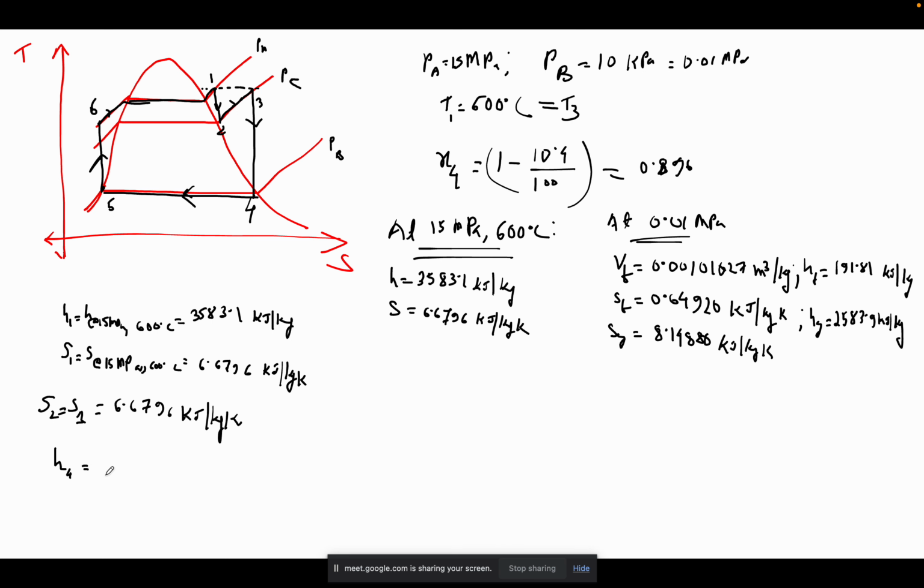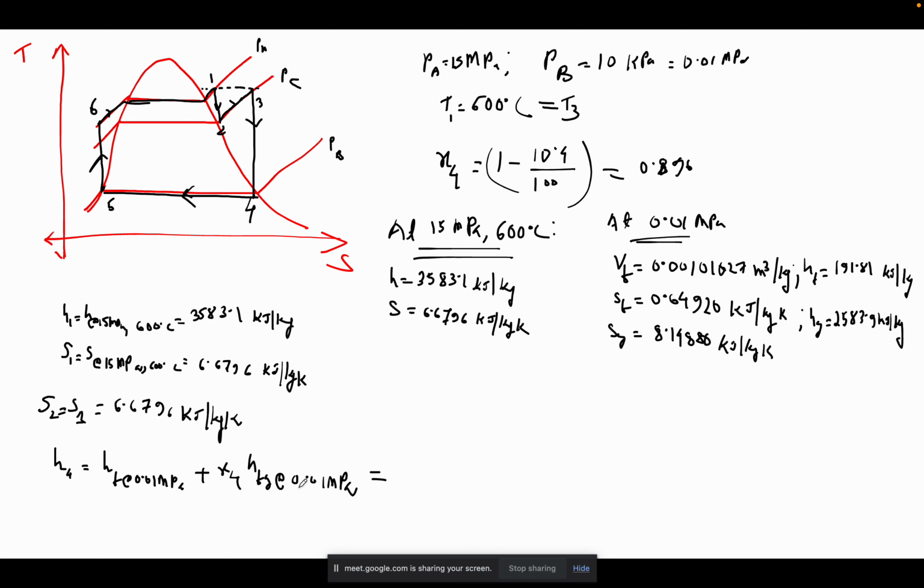Yes, because H4 is nothing but HF at 0.01 megapascal plus X4 HFG at 0.01 megapascal. And we have X4, we have all these values, isn't it?